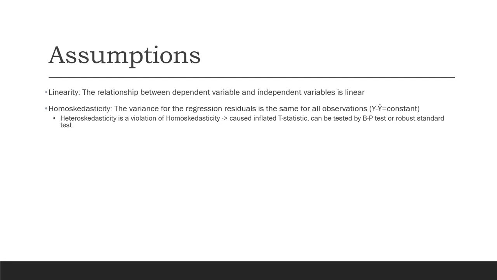If it's violated, it causes an inflated t-statistic, and with an inflated t-statistic, the model appears to fit more than it actually does. So it's not a good model. It can be tested by the BP test or the robust standard errors test.